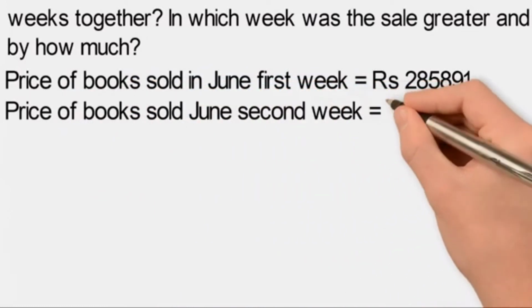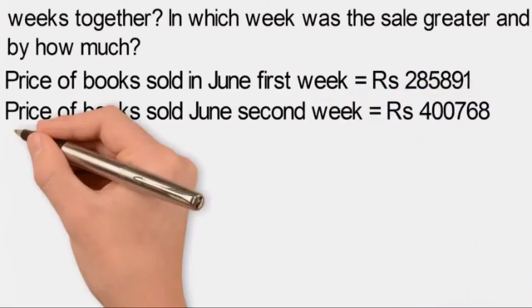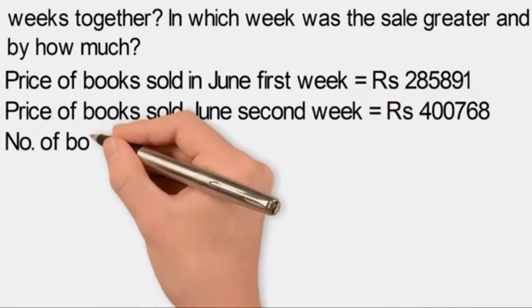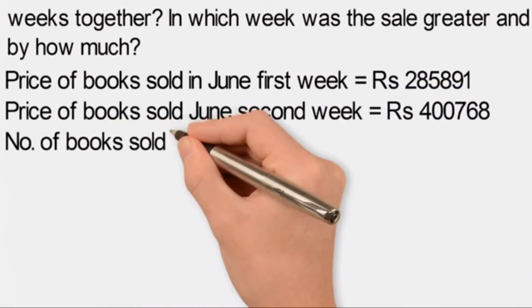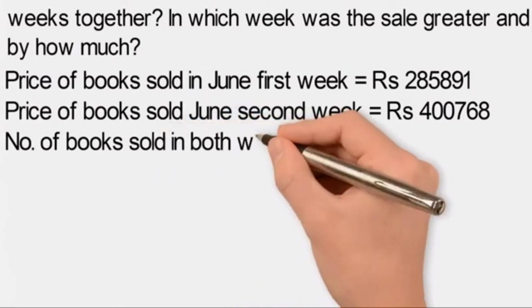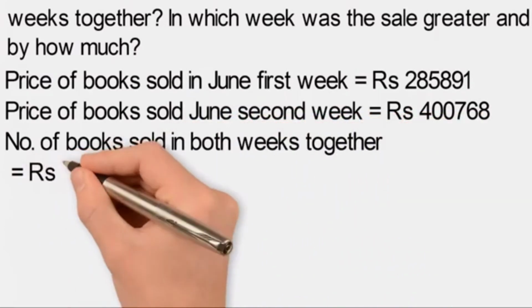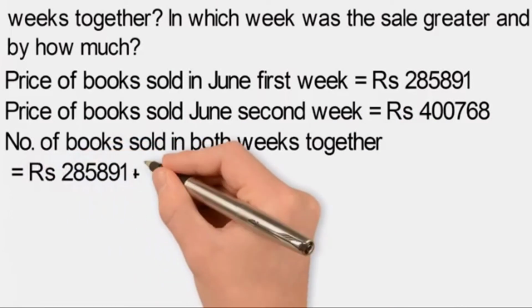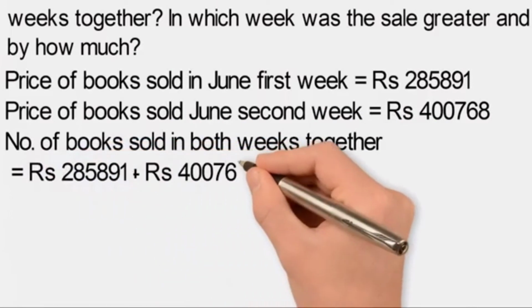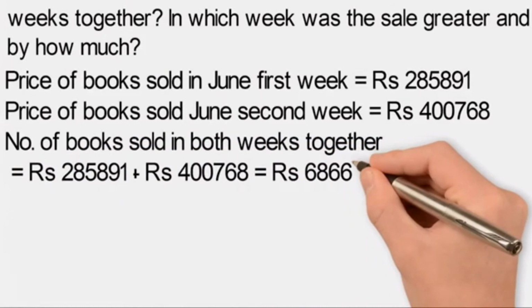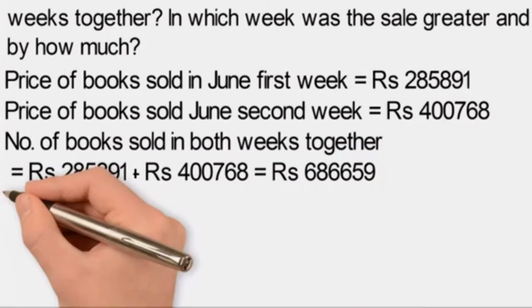And in the second week it was rupees 4,768. It is important to write each and every word in the sentence. So we'll find the total sale of books in both the weeks together. So the answer we can get by adding them up. So our answer is 6,86,659.